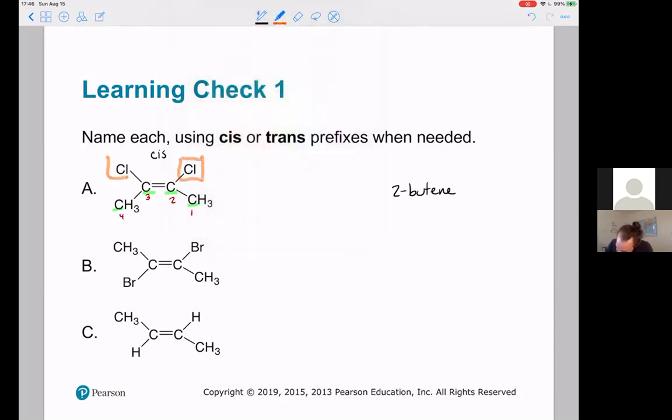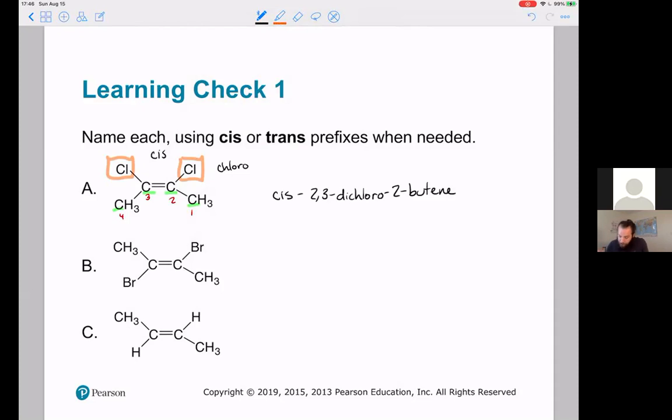There's one here and one here. Both of those are chloro groups. What do we call it when we have two of the same group? So this would be 2,3-dichloro-2-butene. And now we're going to throw in at the very beginning that designation of cis or trans. So this would be cis-2,3-dichloro-2-butene.